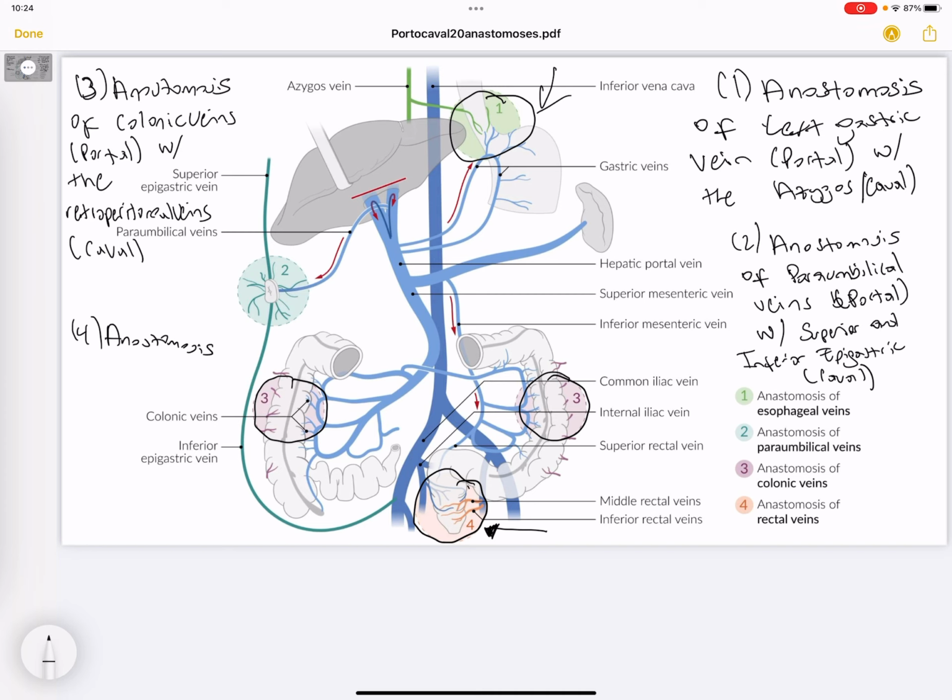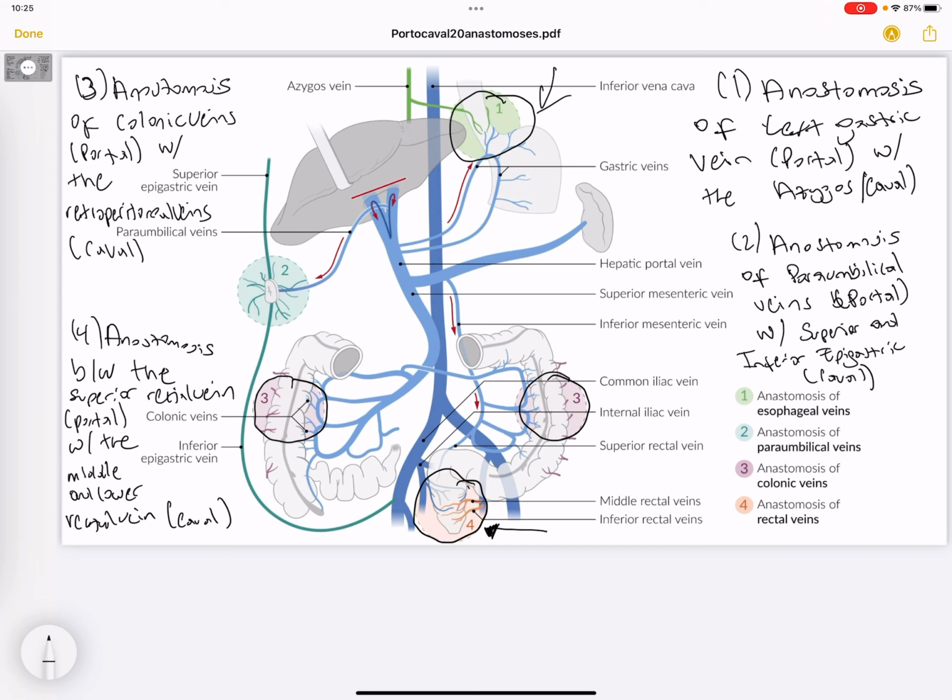So at this site, we see the anastomosis between the superior rectal vein, and this is part of our portal system, with the middle and lower rectal veins of our caval system.